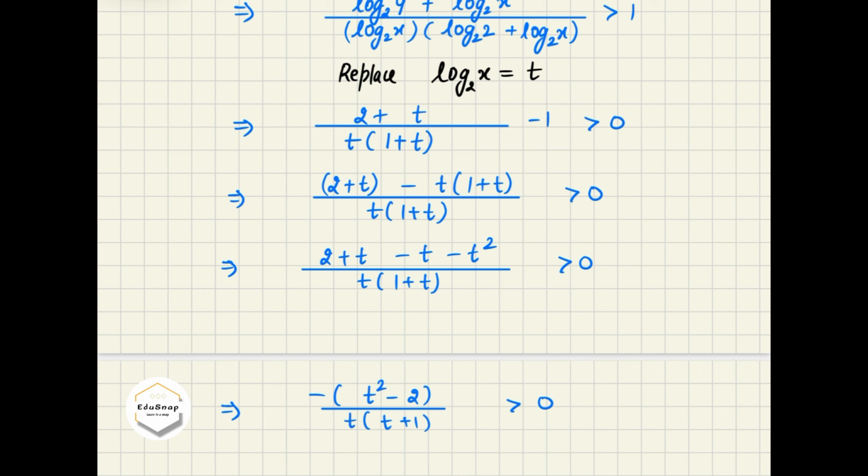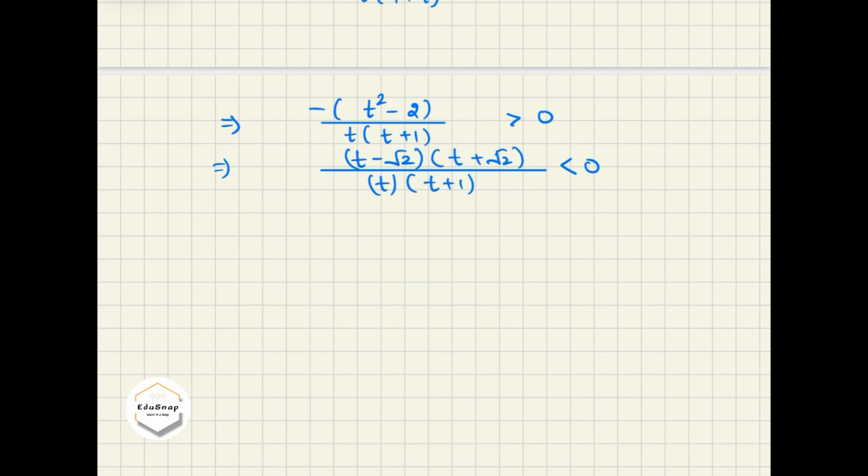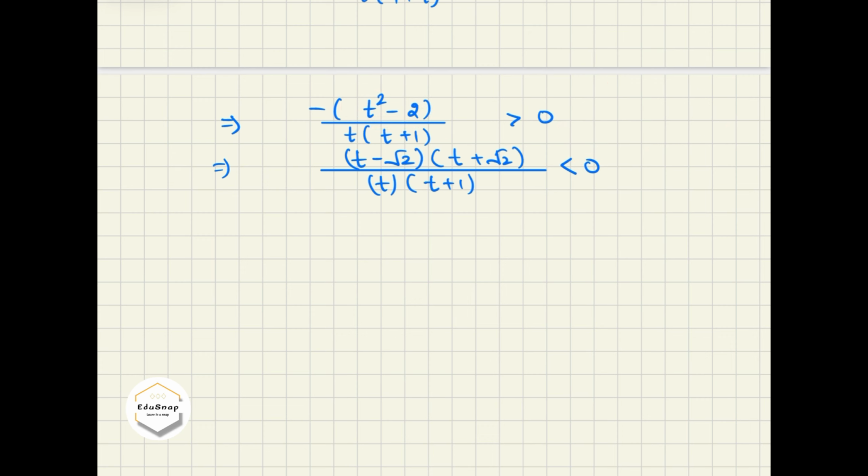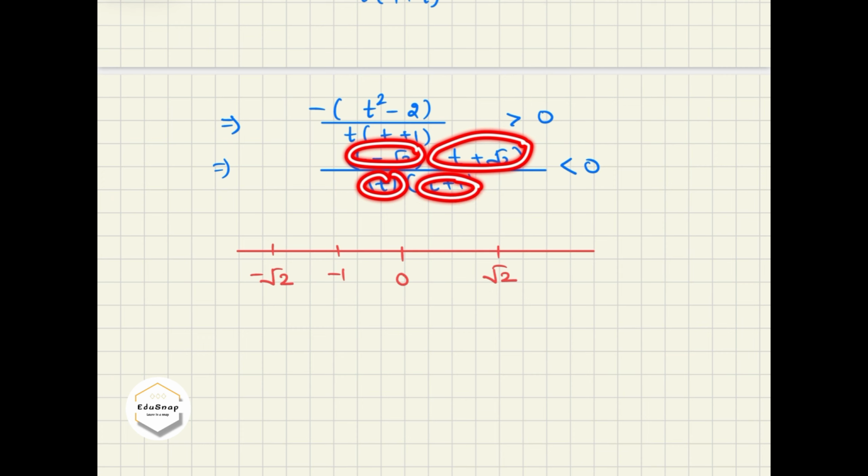That is less than 0. If you observe one thing, here we can apply the formula a square minus b square, that is nothing but a plus b into a minus b. Yes, that we just applied. And afterwards, we have to use the wavy curve method here, that is just plot the points where the terms are getting zeros. That is root 2, 0, minus 1 and root 2.